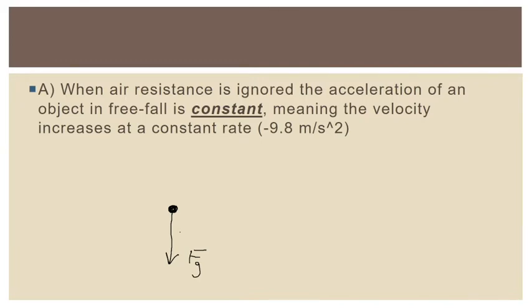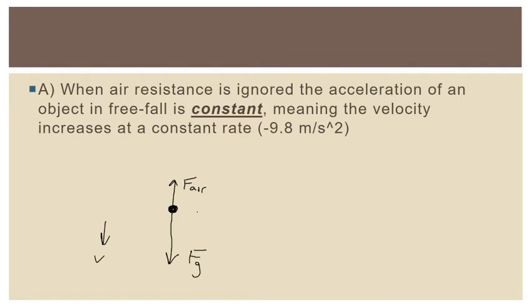But if there's air resistance, like all friction forces, it acts in the opposite direction of the object's velocity. And so the force of air resistance, which I'll just call F air, will be up because the object is moving down and the air resistance always acts in the opposite direction of the velocity.